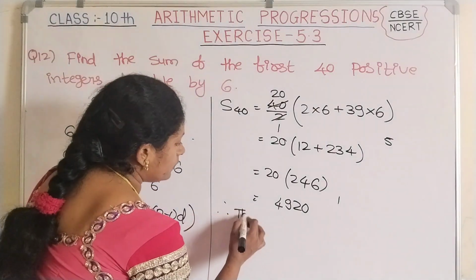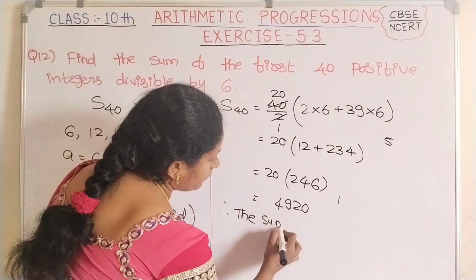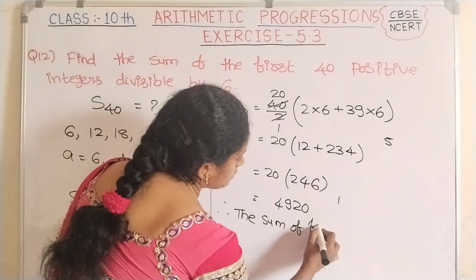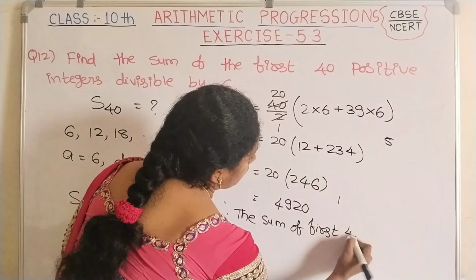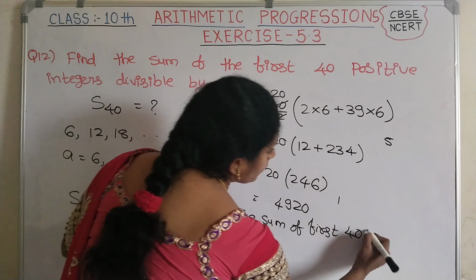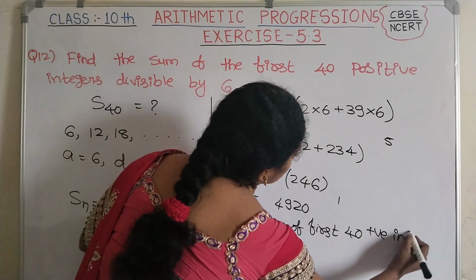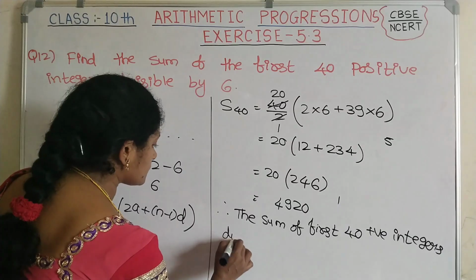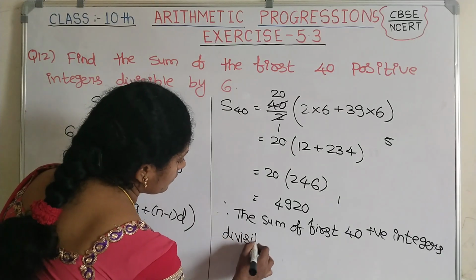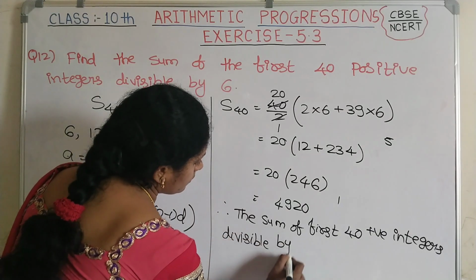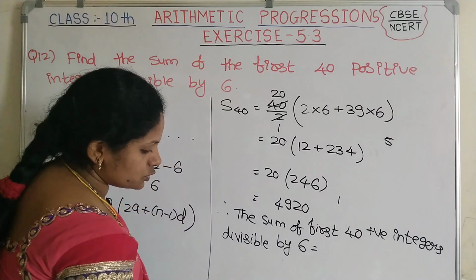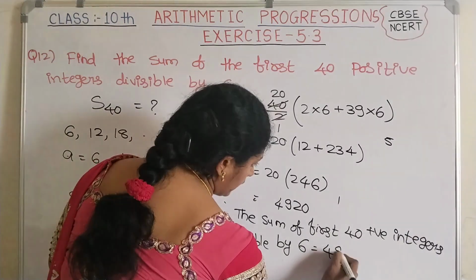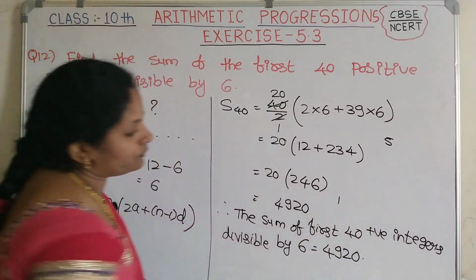Therefore, the sum of the first 40 positive integers divisible by 6 is equal to 4920.